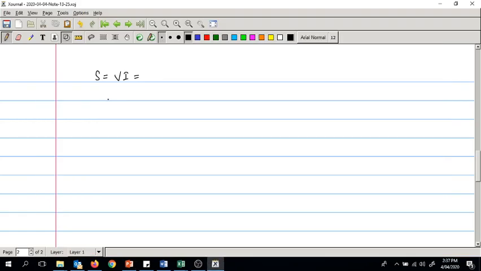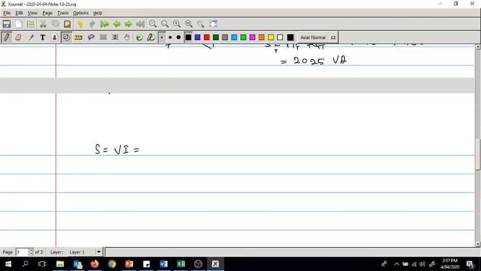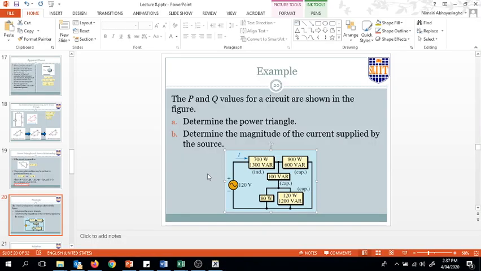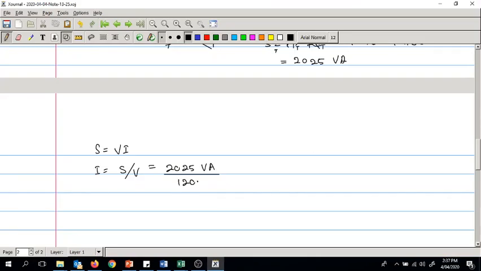Previously we calculated S, and we want to find I. I is equal to S over V, which is 2025 VA divided by 120 volts, which is 2025 divided by 120 equal to 16.785 amperes, right?